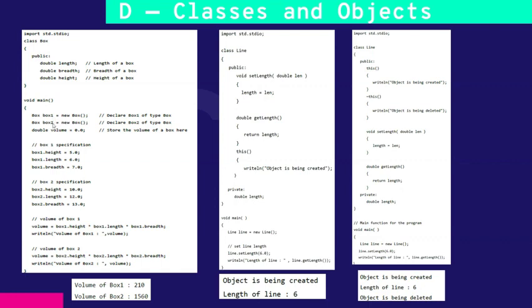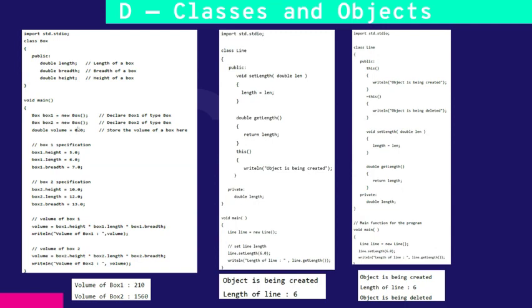That means box1 and box2 are of type box class. All of the boxes, box1 and box2, have a similar kind of structure. And the double volume is 0.1. That's the variable declared in the main function.